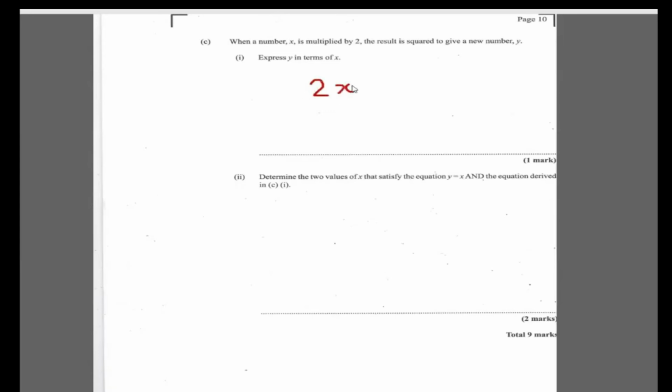This result that we get is squared to give a new number y. So 2x all squared is y. So in reality, y is equal to 4x squared. All right, that is y in terms of x. y is equal to 4x squared.